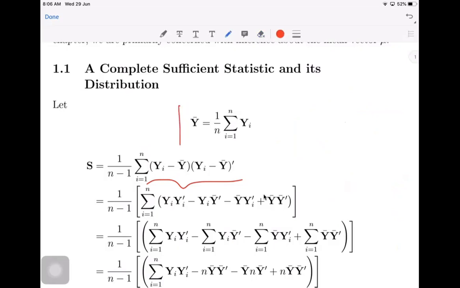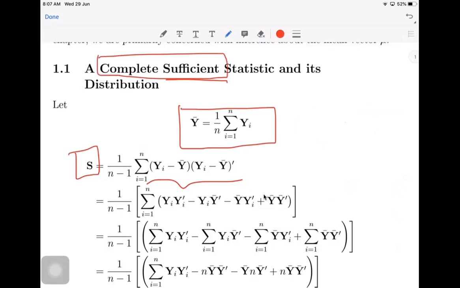So consider this estimator y bar and consider this S as an estimator for our sigma, and we see that these two are jointly sufficient statistics as well as complete sufficient statistics, and we will look later on at their distribution.